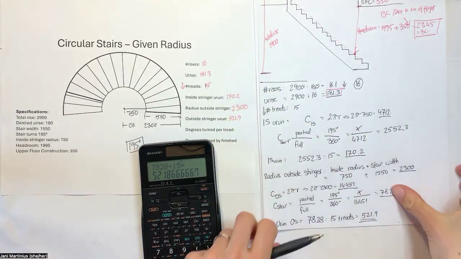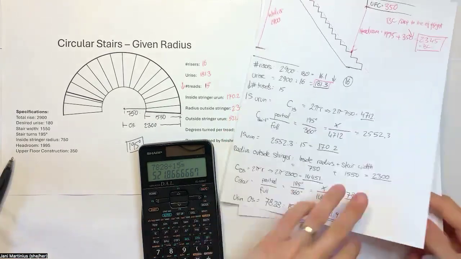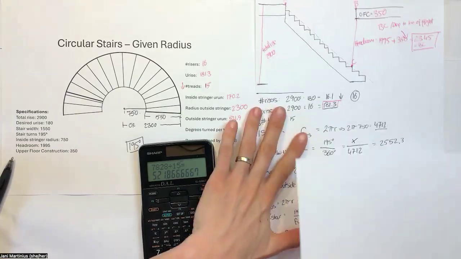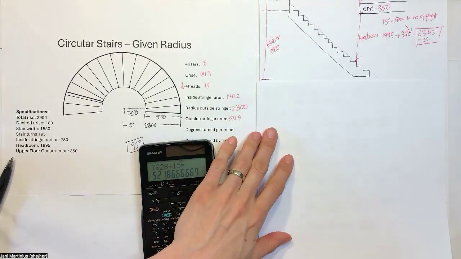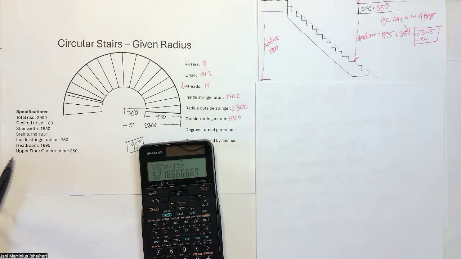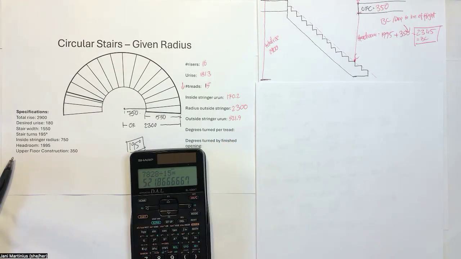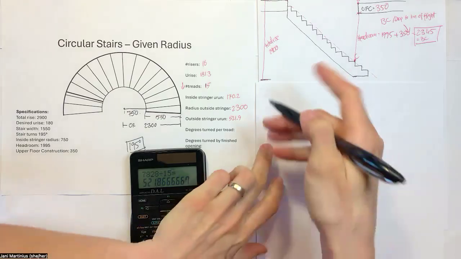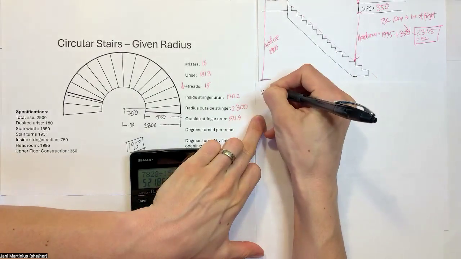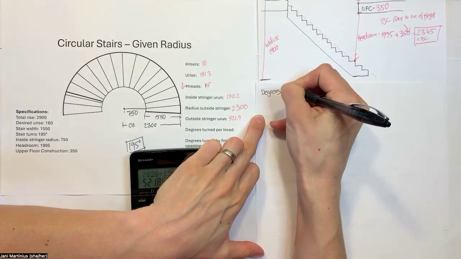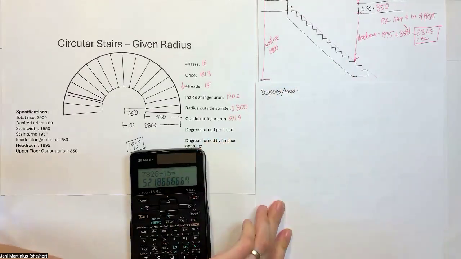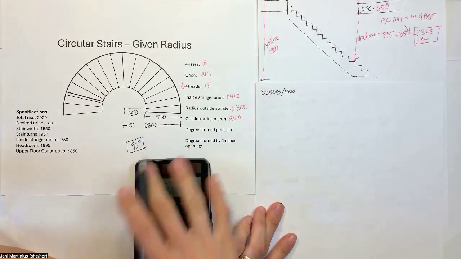Awesome. I will pull out an extra piece of paper and I'll leave it here so that we can still see our drawing. Okay. Alrighty, what's next? Degrees turn per tread. Well, how many degrees do we have in our stair?